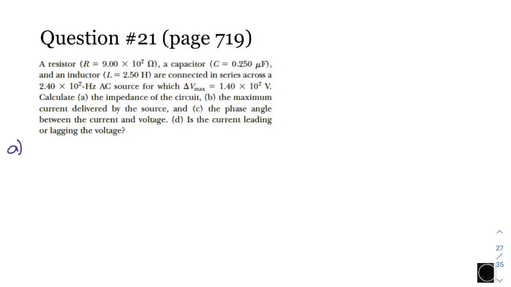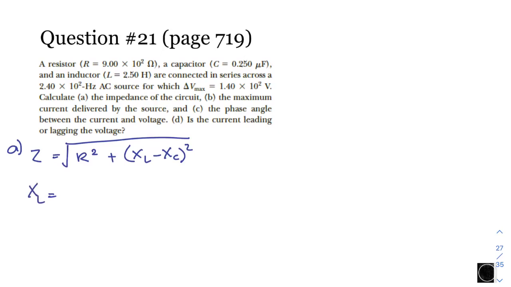For part A, the impedance, we need to determine Z equivalent to the square root of R squared plus (XL minus XC) squared. But then we have to calculate the XL and XC first.